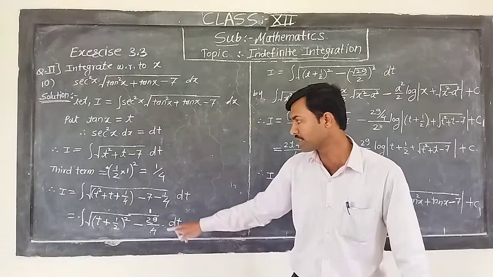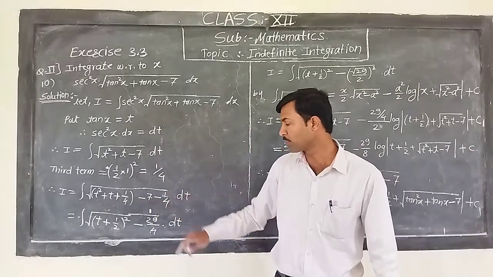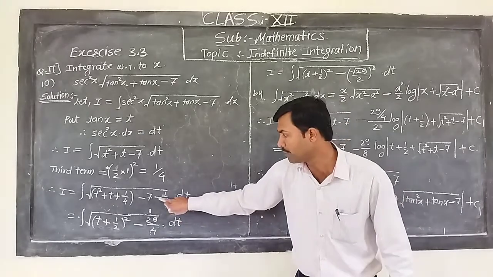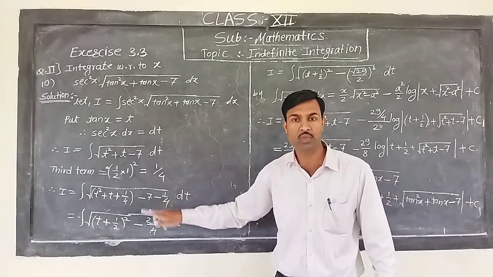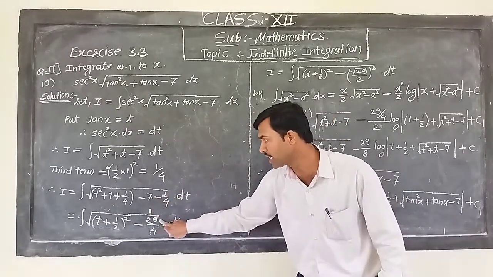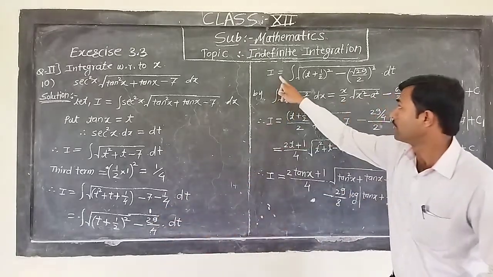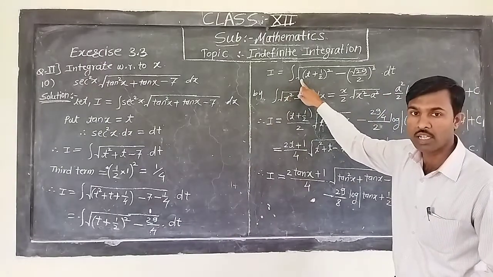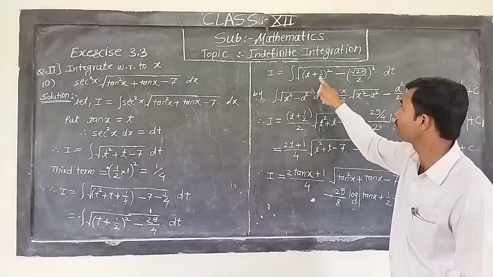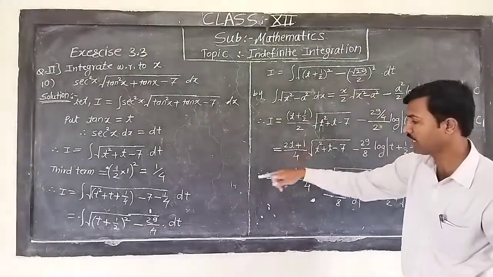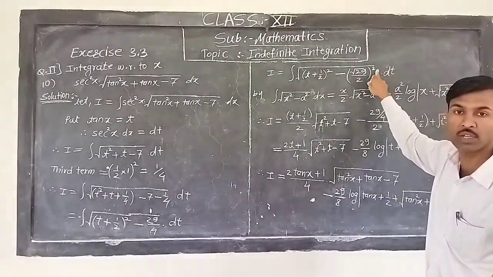Here if we solve this, minus 7 minus 1 upon 4, it will be minus 7 into 4 which is minus 28, minus 1 into 1 is 1, minus 28 minus 1 is minus 29 upon 4. Ones are 4. Here the integration of under root of t plus 1 by 2 whole bracket square minus, this is the square of under root of 29 upon 2 whole bracket square.